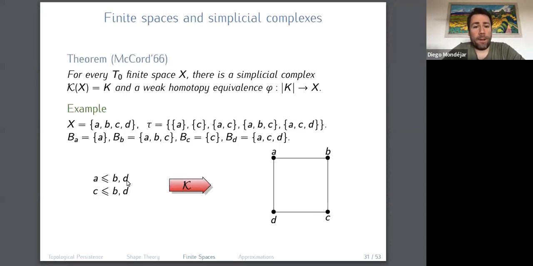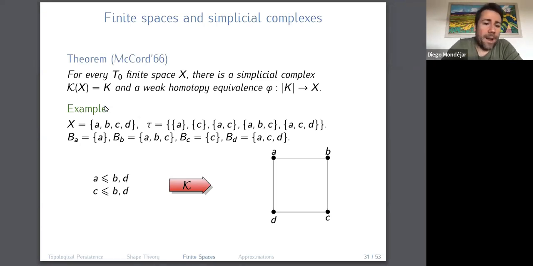Okay, so we are going to also use this theorem by McCord that was kind of surprising also to me, because it says that you can reach the same homotopy and homology groups of every simplicial complex with finite spaces.